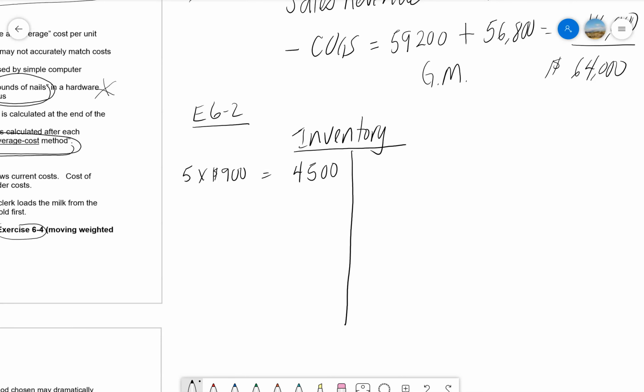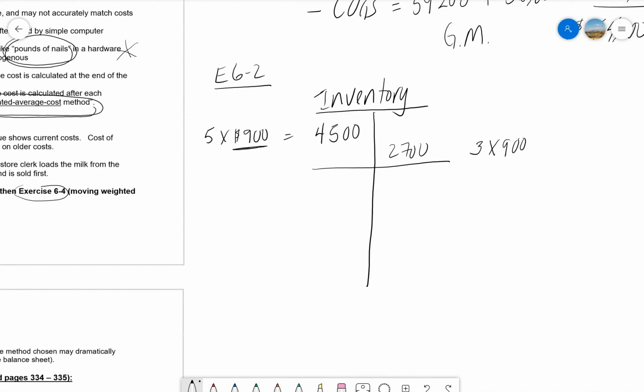Now, we know that whenever we sell 3 items, that's going to decrease the inventory value. And because all we have is 5 units, and they're all at $900 per unit, the cost of goods sold is going to be $2,700. So after that sale on May the 6th, we now have 2 units of inventory left at $900 per unit, and so that's going to equal $1,800.